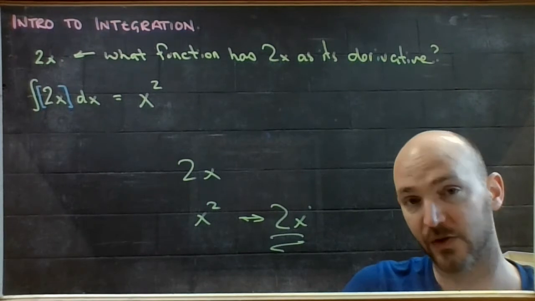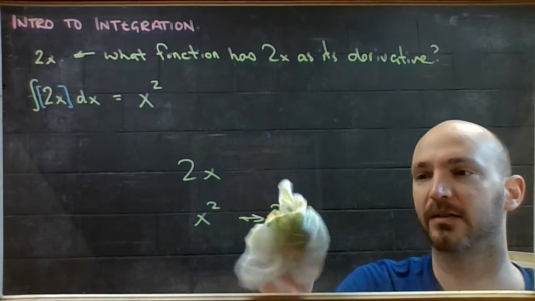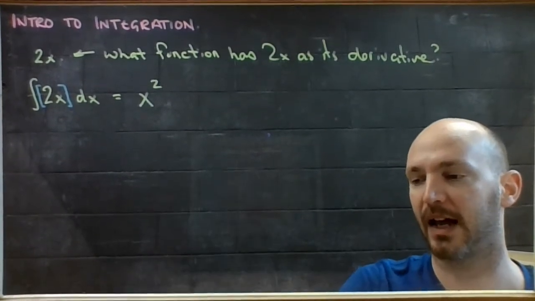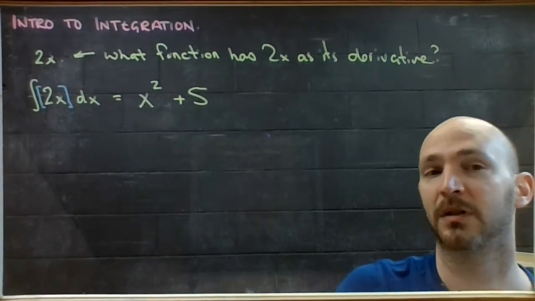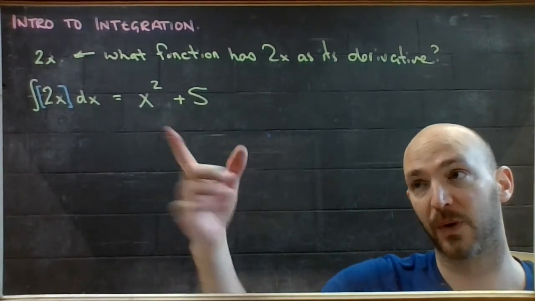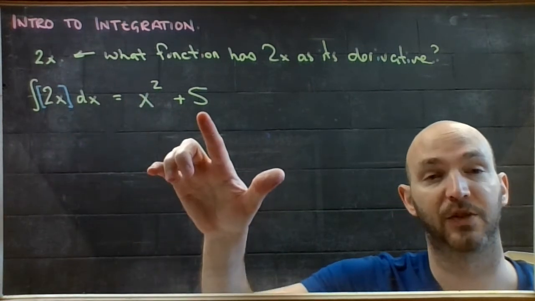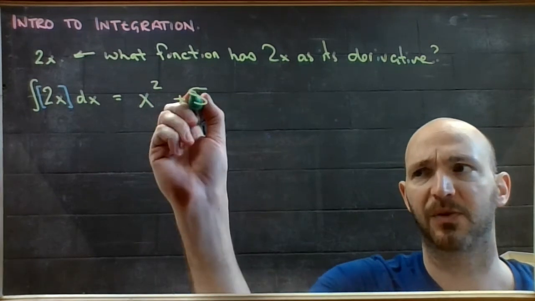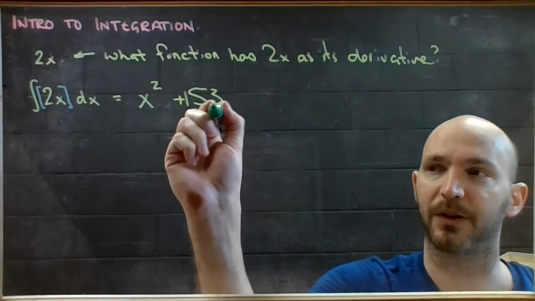Now there's one extra little wrinkle that we need to consider, that x squared gives me the 2x, but I could have, let's say, a plus 5 back here. Because if I were to take the derivative of this, the derivative of x squared is 2x, and the derivative of 5 is gone. Well, that would also be true if it were 15. It would also be true if it were 153.